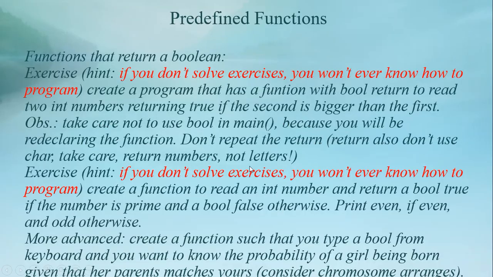So let's continue our class. And we have right now to create a function. So I recommend you do that at home. If you want, create a function to read an int number and return a bool true if the number is prime and a bool false otherwise. It's a problem for you to do at home.